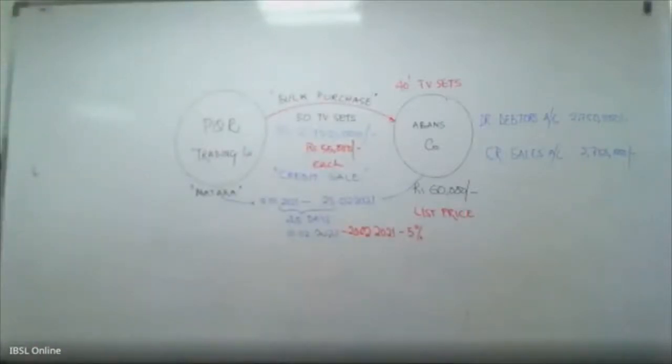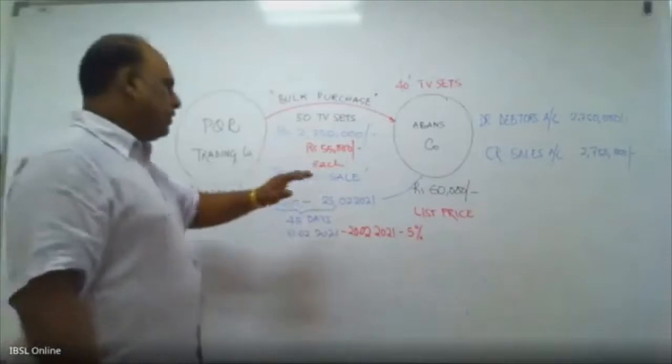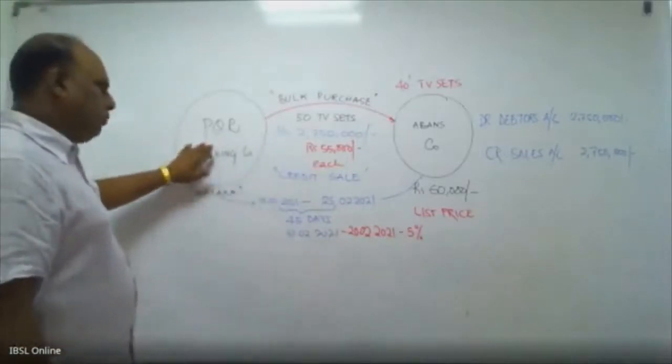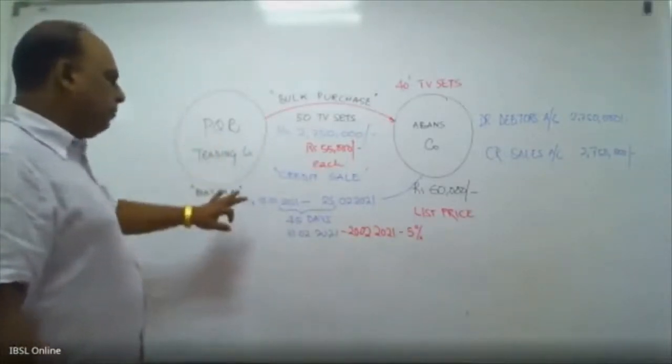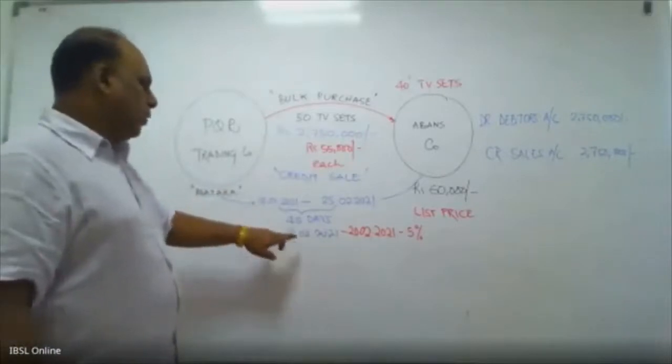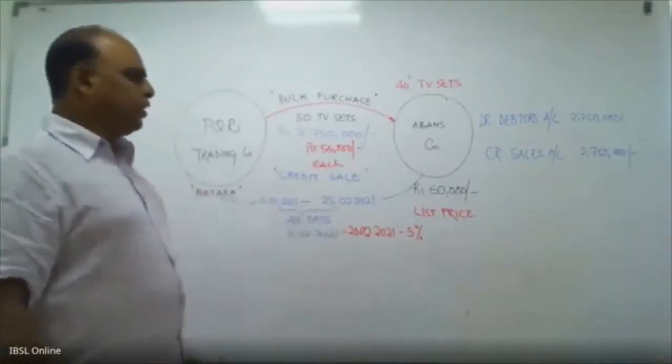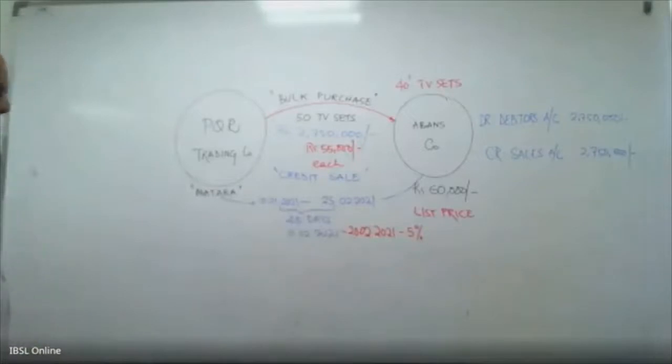Now on the 10th of February, Abans Company is giving a call to the accountant of PQR Trading Company and telling them, look, today is 10th, before 20th of February, just giving them a 10 days grace period. If you come and pay me before 20th of February, I will give you a 5% discount.